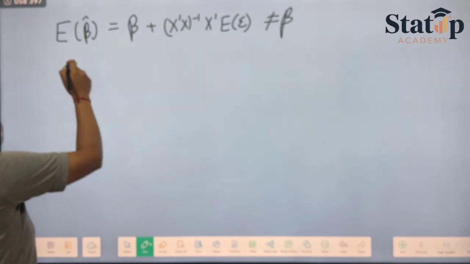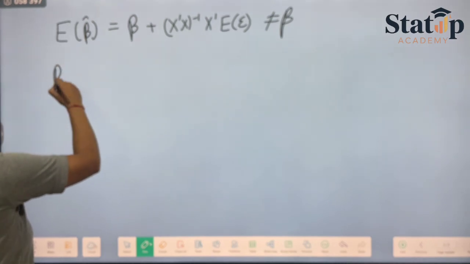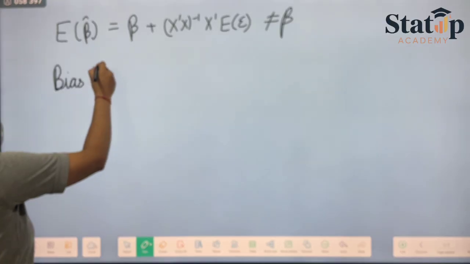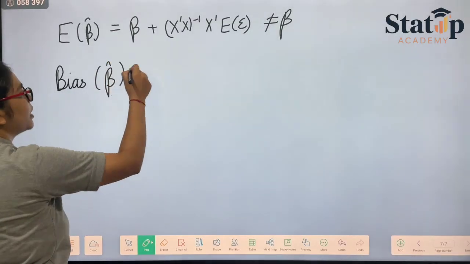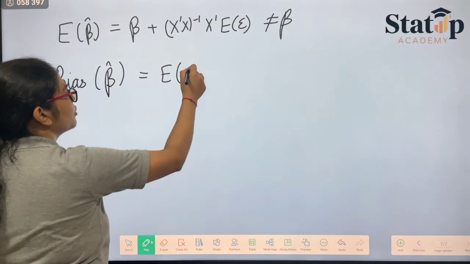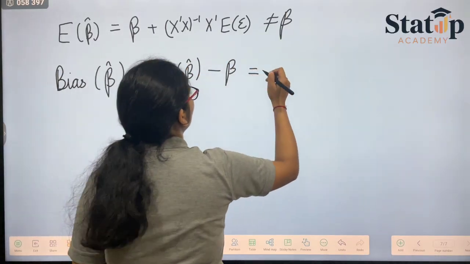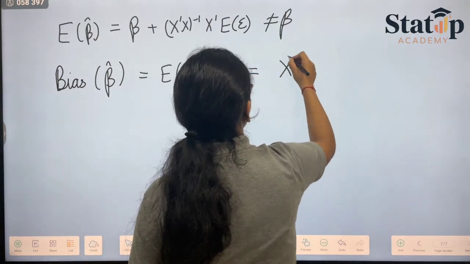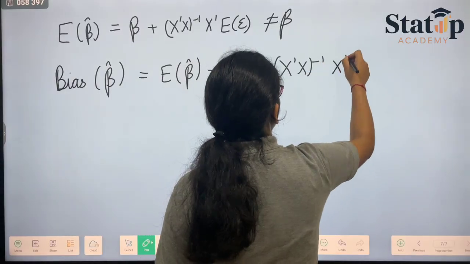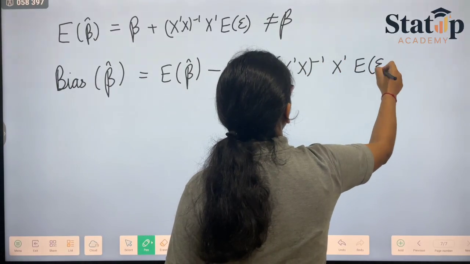So we can say that the bias of β cap is given by E(β cap) minus β, which is equal to (X'X)^-1 X' E(ε).